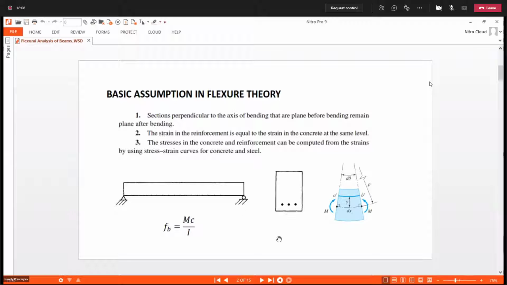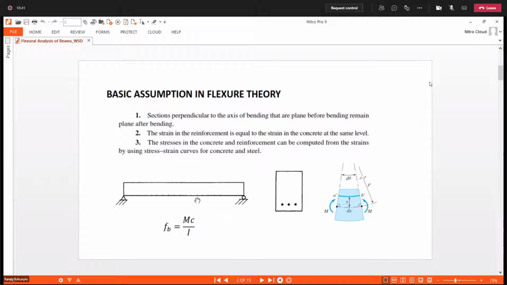and having reinforcement. The flexure stress can be computed using the formula fb equal to Mc over I. This is applicable when you're dealing with the WSD method. So fb is equal to Mc over I. Later on, we're going to use this.